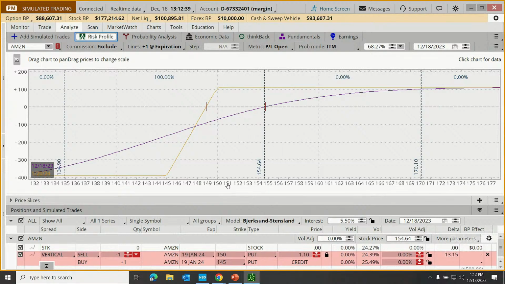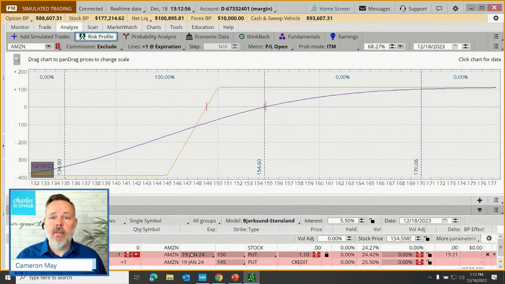Now, we can also follow the chart to the left or to the right and explore how our trade might do if price falls or if it were to rise. And specifically, this line is telling us how much we could make or how much we could lose at expiration, which for this trade is the third week of January. And you'll notice our date here says third week of January.